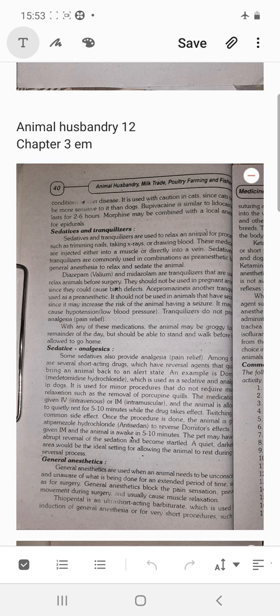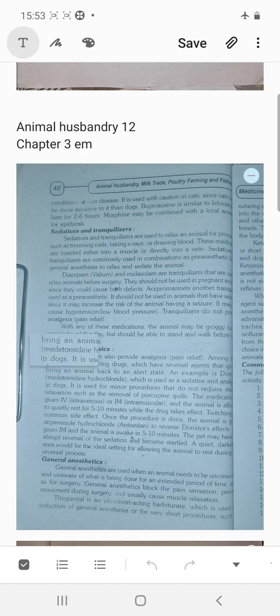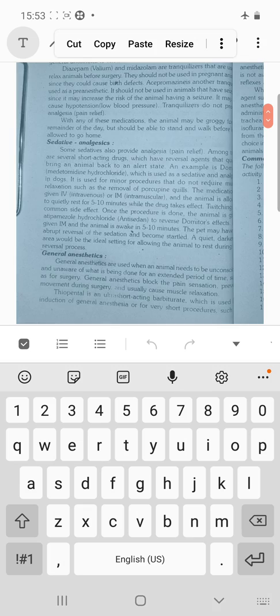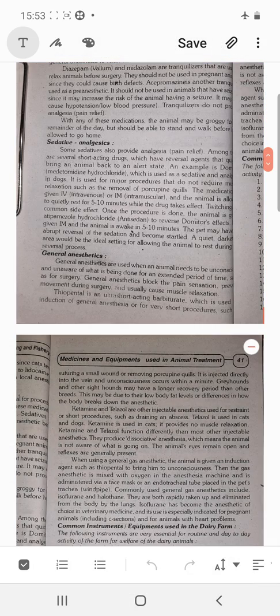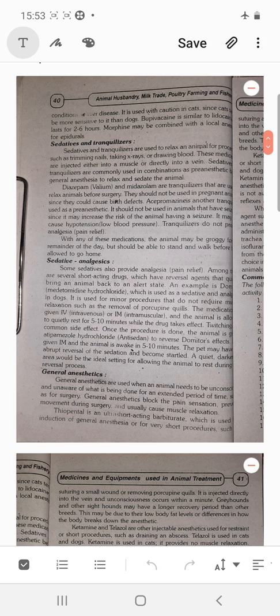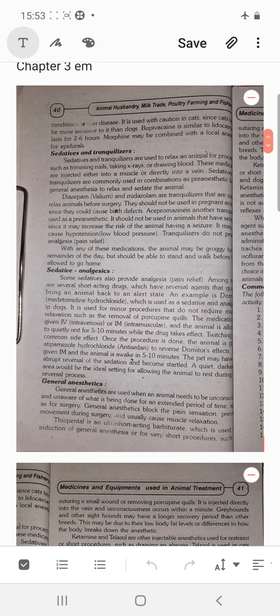This is the very important name of the analgesic which is used in animal husbandry, used as a sedative and analgesic in dogs.